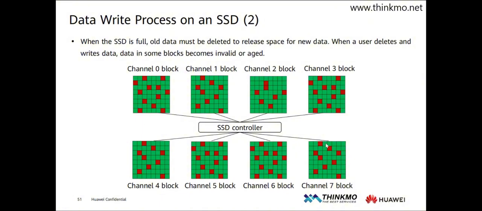First of all, we still have 0 to 7, 8 channels in total, and each channel corresponds to one block. In the image here, we use green blocks to represent valid data and red to represent invalid data. First, let's take an example. Suppose we have a host page stored in one of the locations in our space.